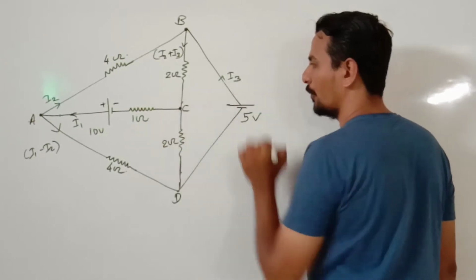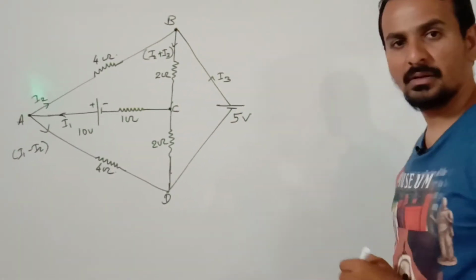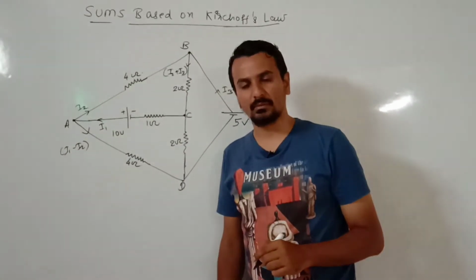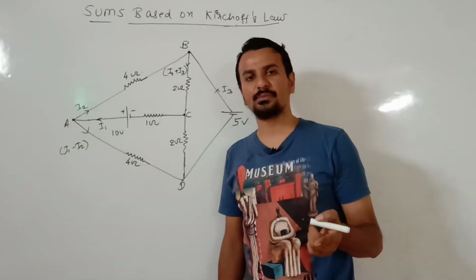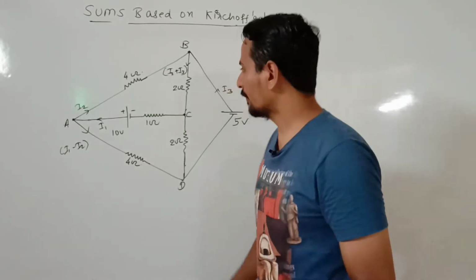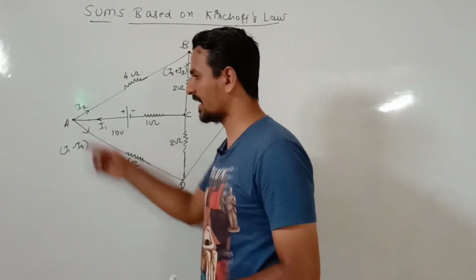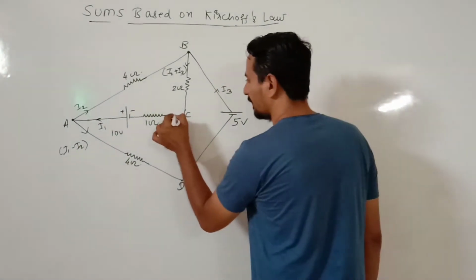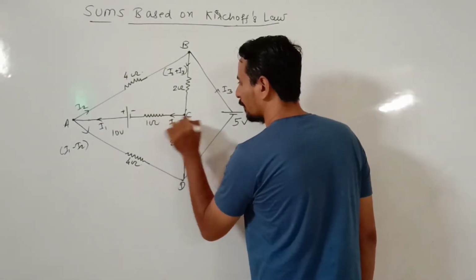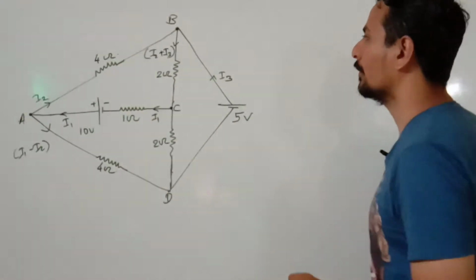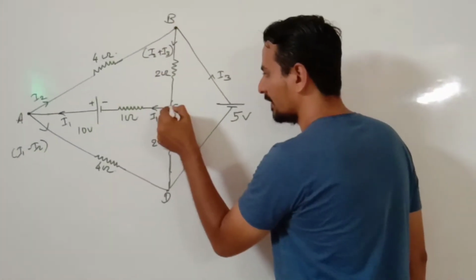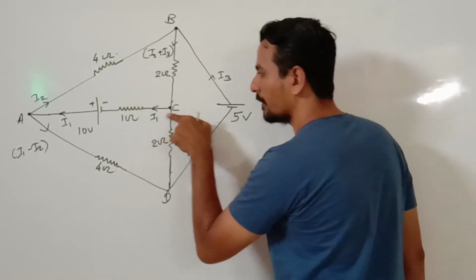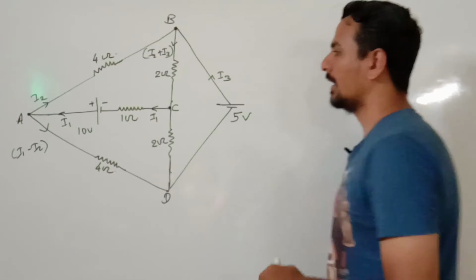Again at point C, there is a junction, right? According to Kirchhoff's current rule, the current leaving must equal the current entering. So I1 is the current leaving the positive terminal of the 10 volt battery, so it is definite that I1 current should again flow in this direction. I2 plus I3 is the current reaching point C. From this I2 plus I3, a part of the current, say I1, flows in this direction.